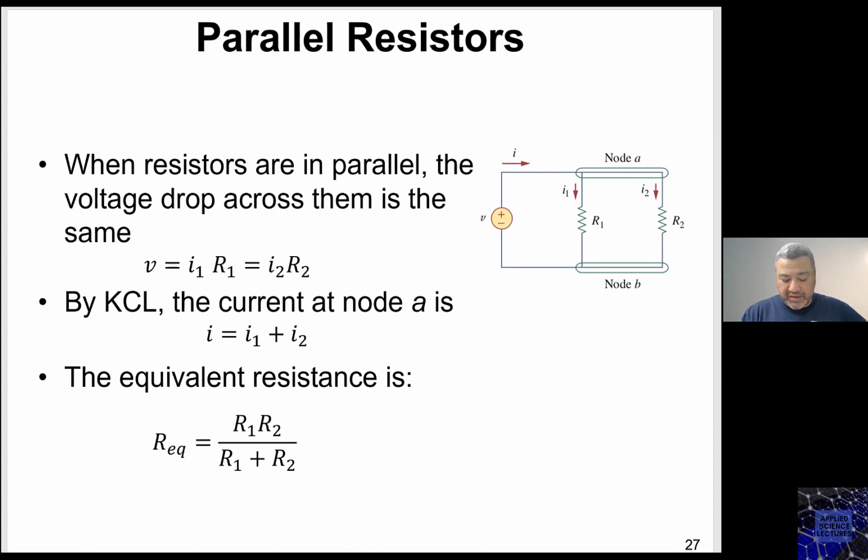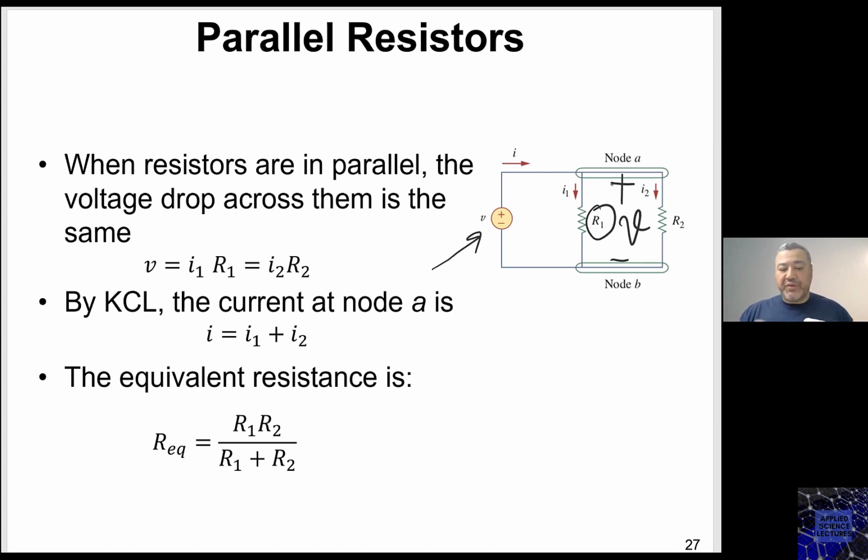The current is basically based on the value of the resistance itself. So here in this case, you can see that this voltage source is across both resistors R1 and R2. So here I have plus V. This plus V is the same for both of them.